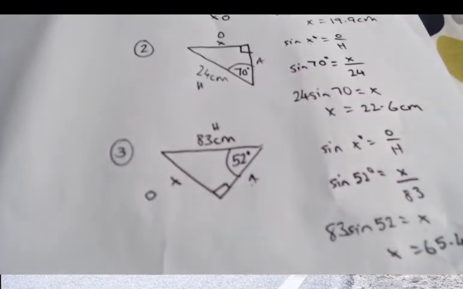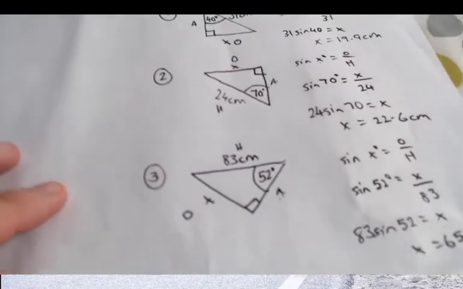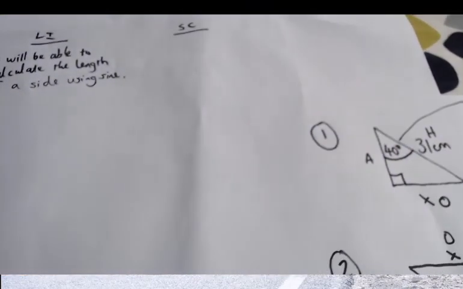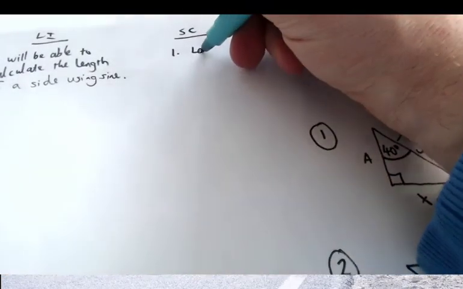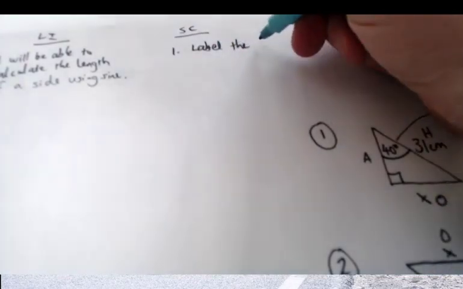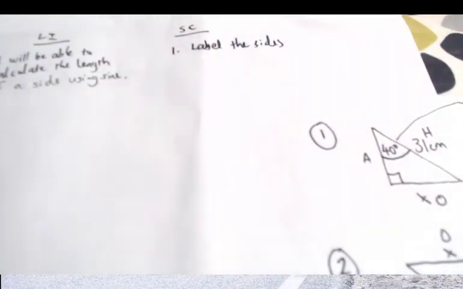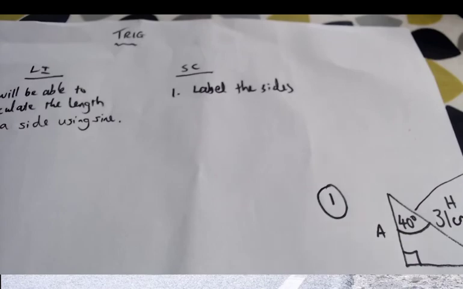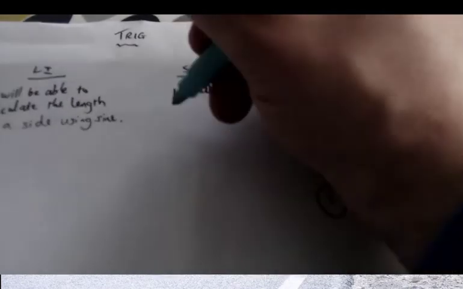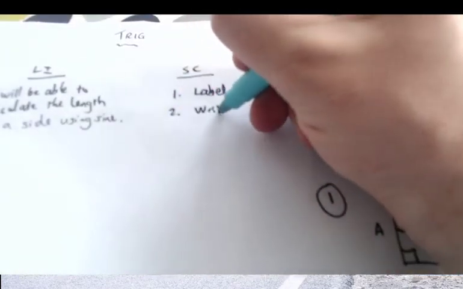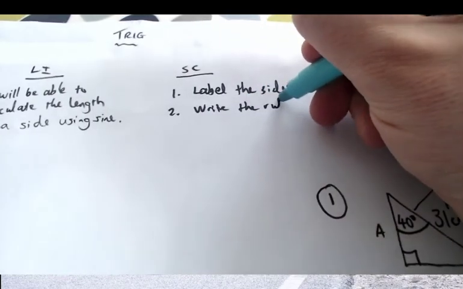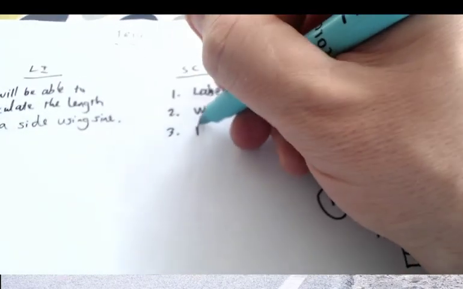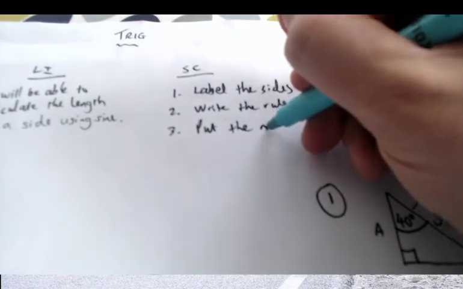Okay, so to do this successfully, here is your success criteria, the steps that we're going to go through each time. Number 1, label the sides. We always start trig questions with labelling the sides, the opposite, the hypotenuse and the adjacent. 2, write the rule. 3, put the numbers in.